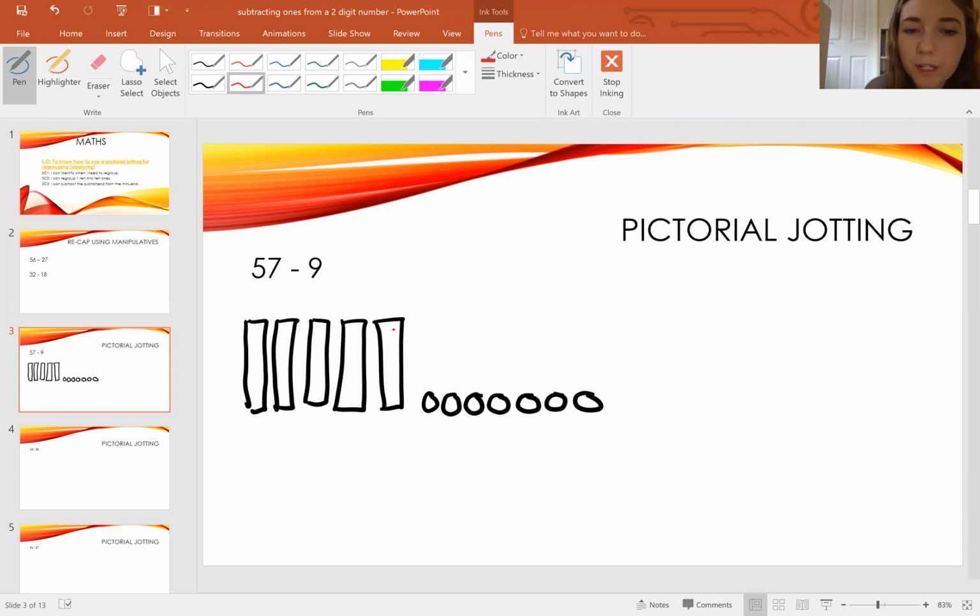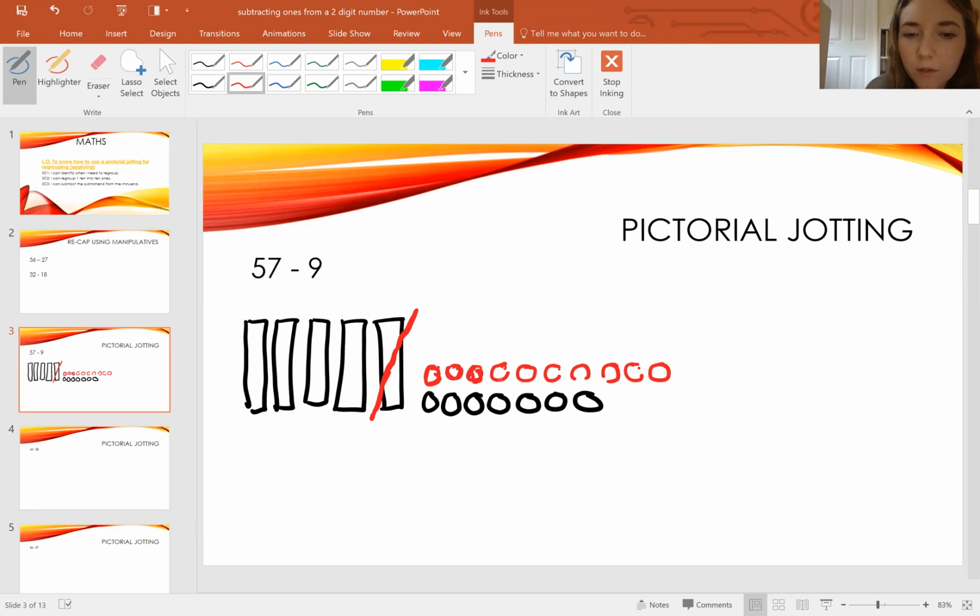So the first thing we're going to do is regroup this 10 here into another 10 ones. 1, 2, 3, 4, 5, 6, 7, 8, 9, 10. So we've regrouped that.